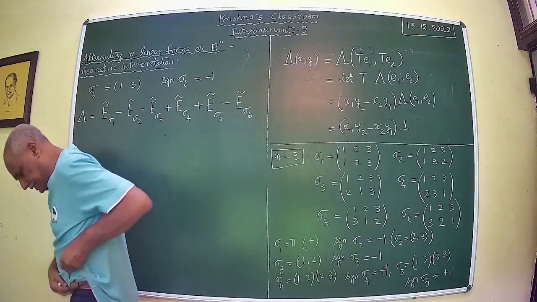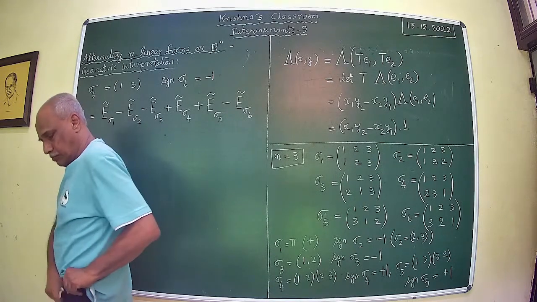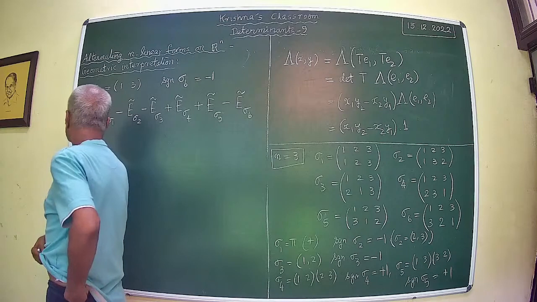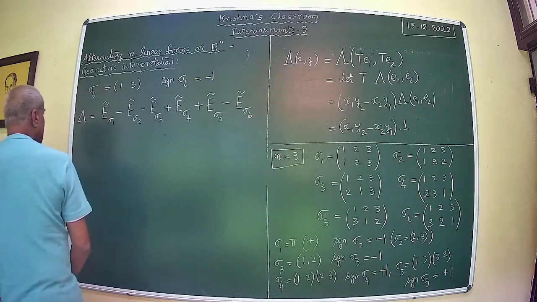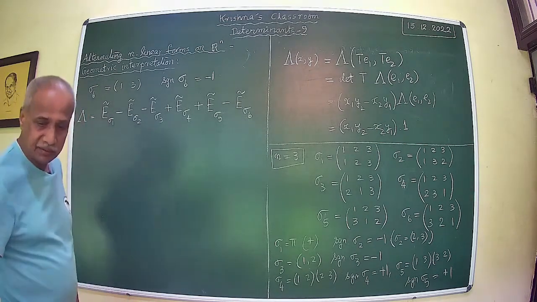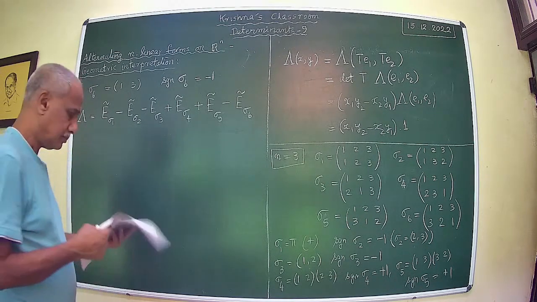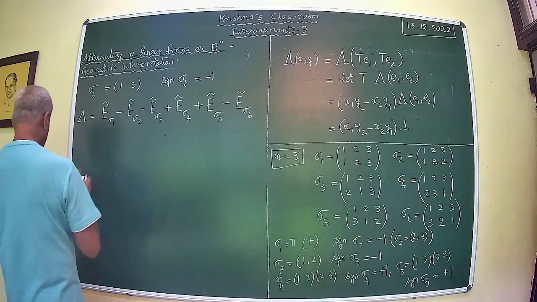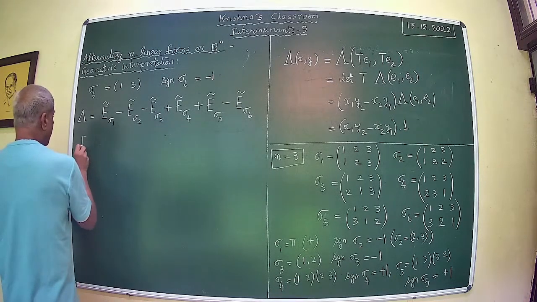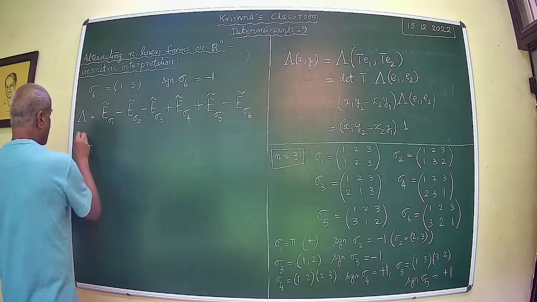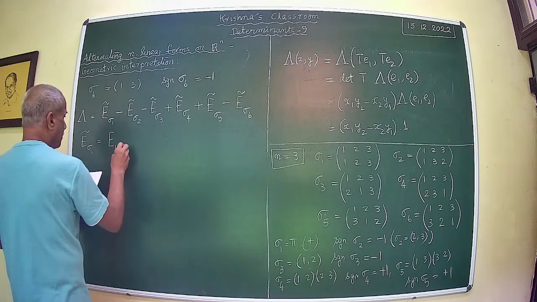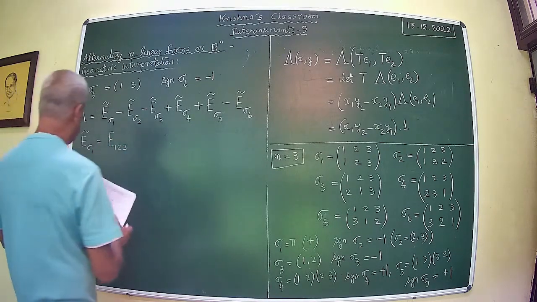For better visibility, we introduce the following notation. E sigma 1 tilde, that is 1, 2, 3 going to 1, 2, 3, I write as E 1, 2, 3.